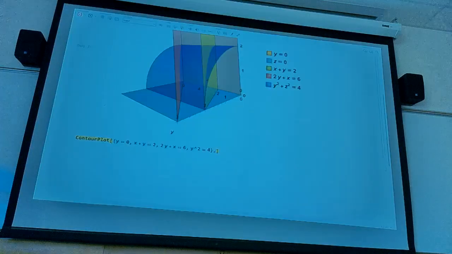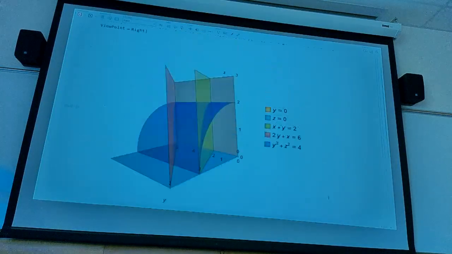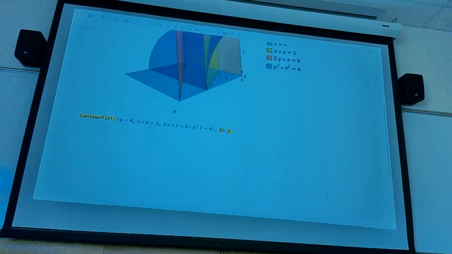Next, I'm going to literally just plot everything, replacing z with 0. I'm going to keep my x and my y's the same. X goes 0 to 6, y goes 0 to 3. I'm going to go a little bit to the left, and a slight bit below.